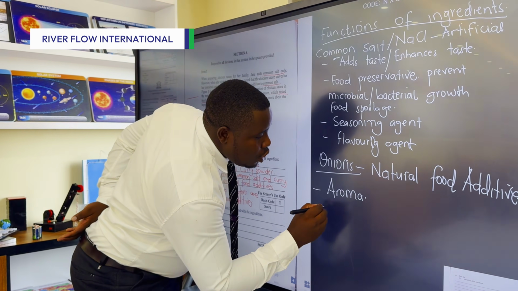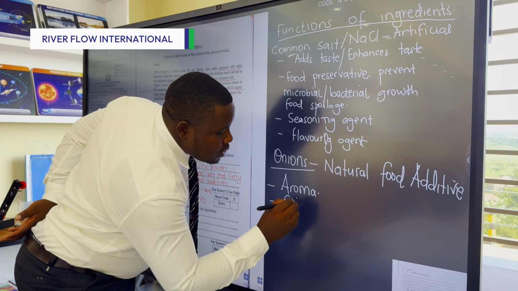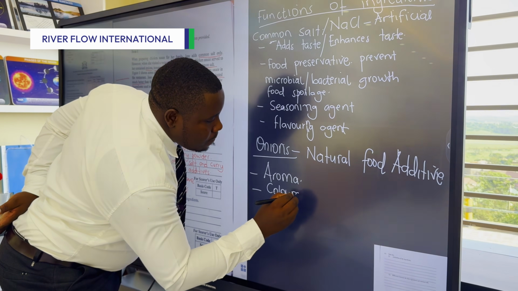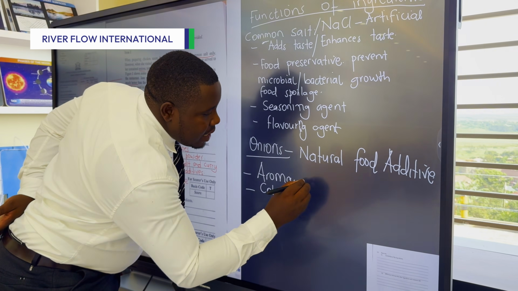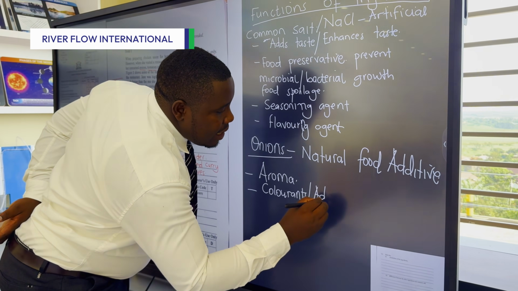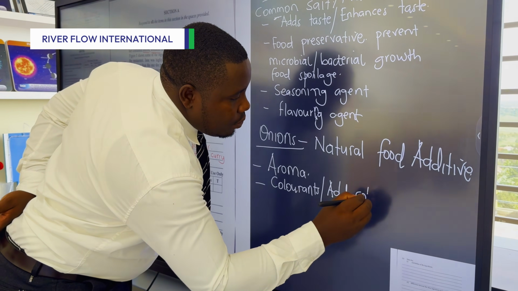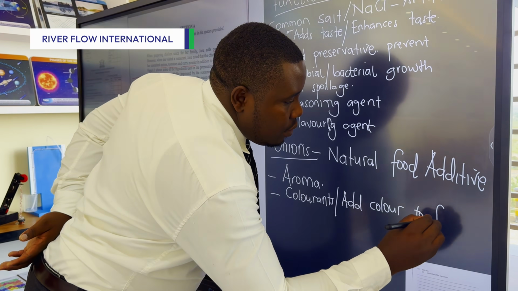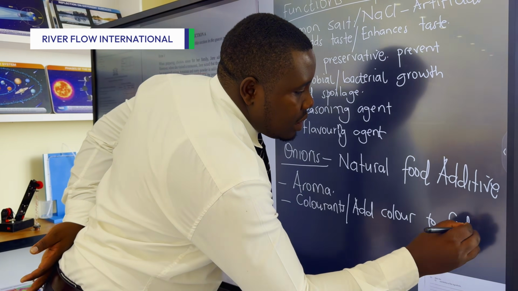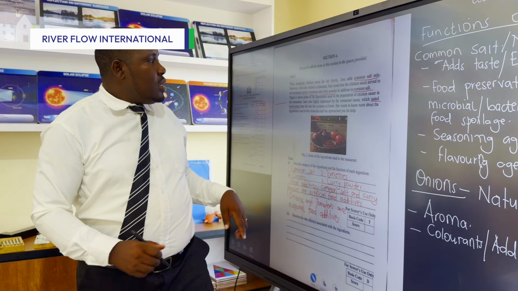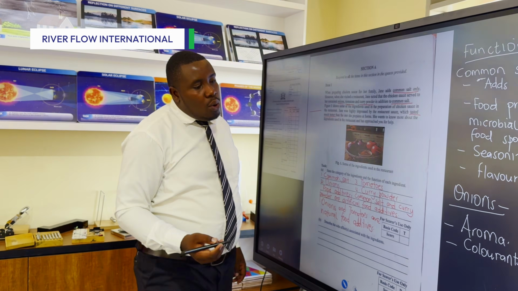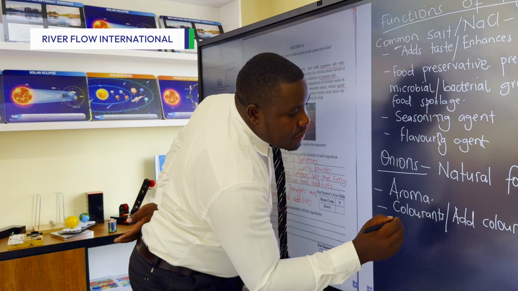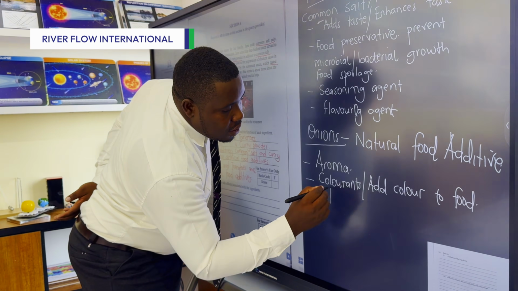Number two, onions can also be used as colorants. In other words, they add color to food. In this case, the food is our chicken sauce. Another good example here is rice pilau.